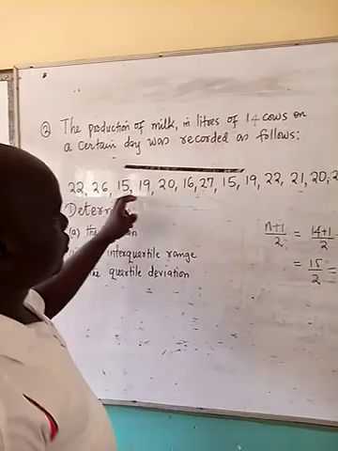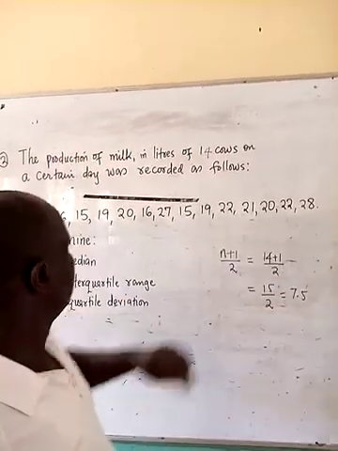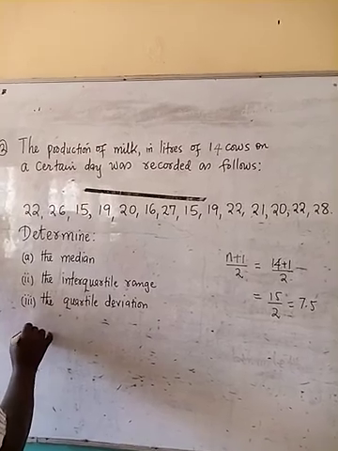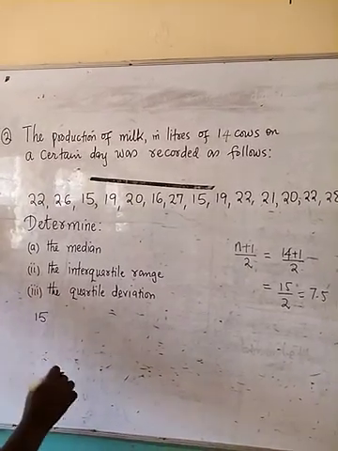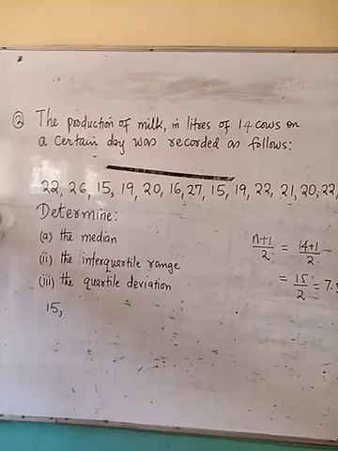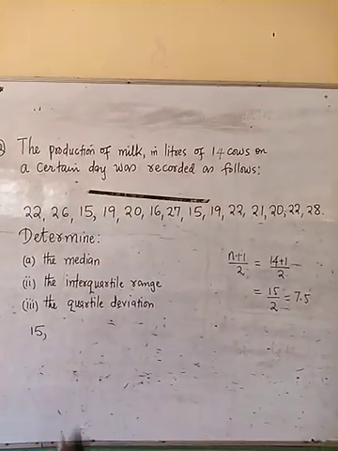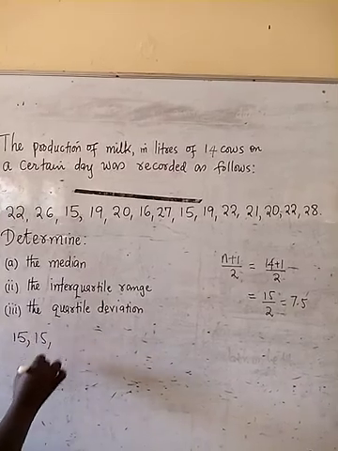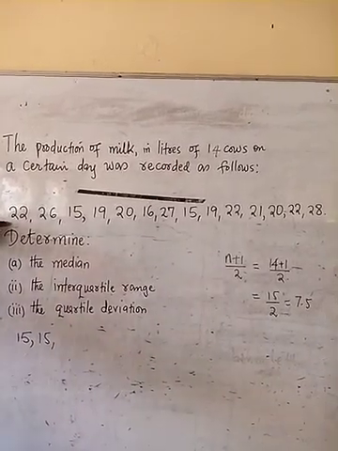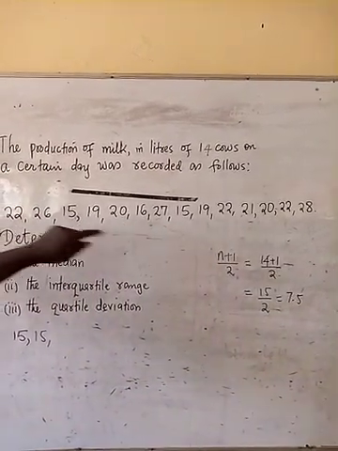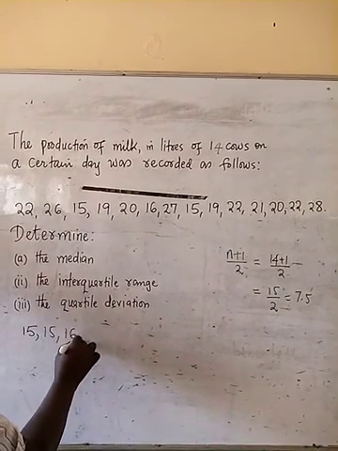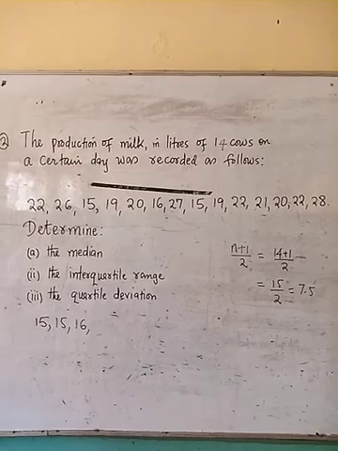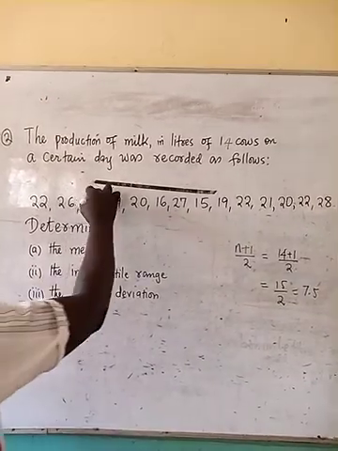We can scan through and see which is the least. The least is 15. You check if it appears once or twice; it is appearing twice, so you list it twice. The next number is 16. You confirm if it is appearing more than once, it is not. So we are through with 15.